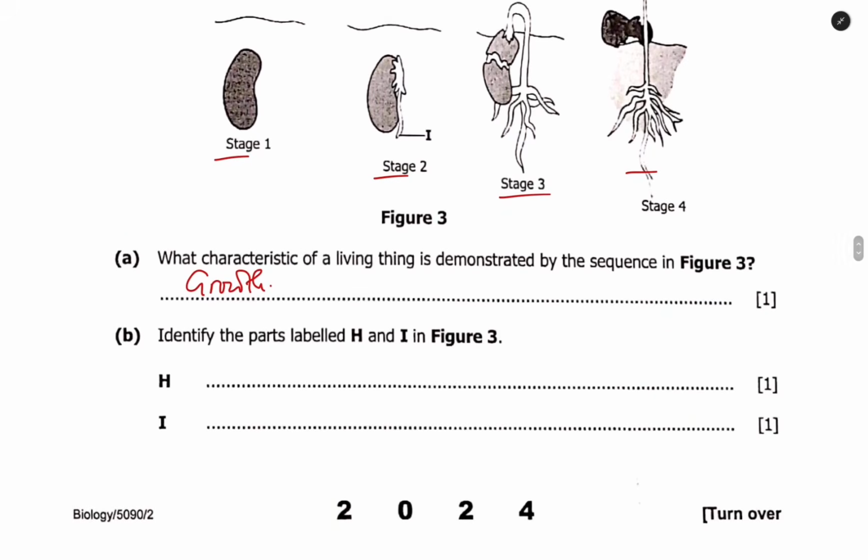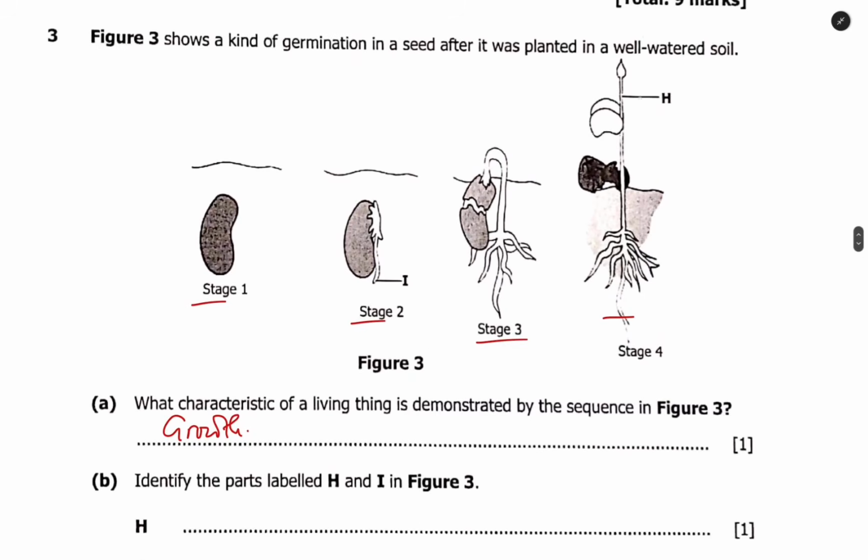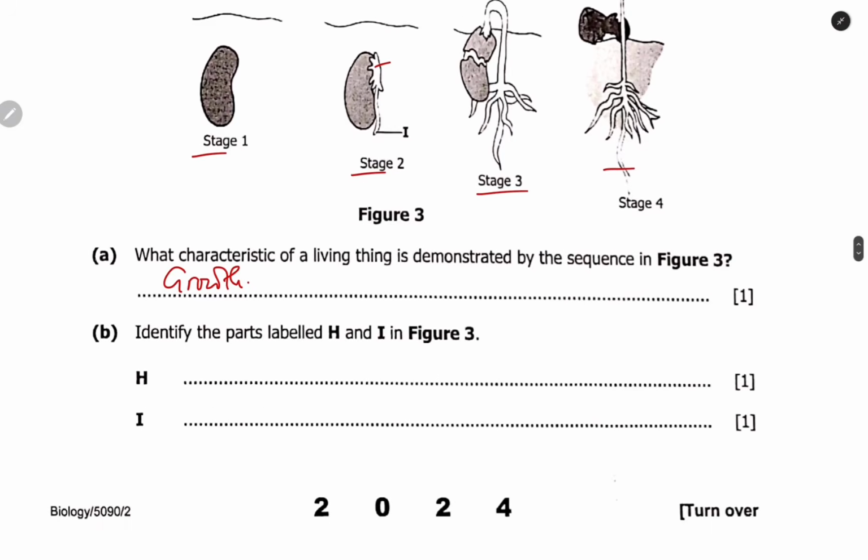Identify the parts H and I. So the part H is this part, which is the shoot. But here, where it is still like this, the shoot is called the plumule, however you pronounce this one. Then of course we have this part I, which is called the radicle.